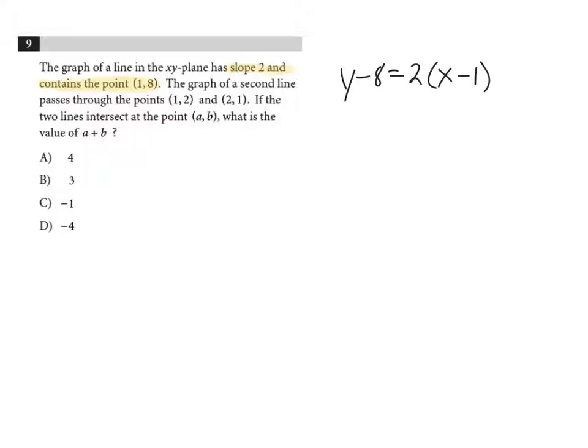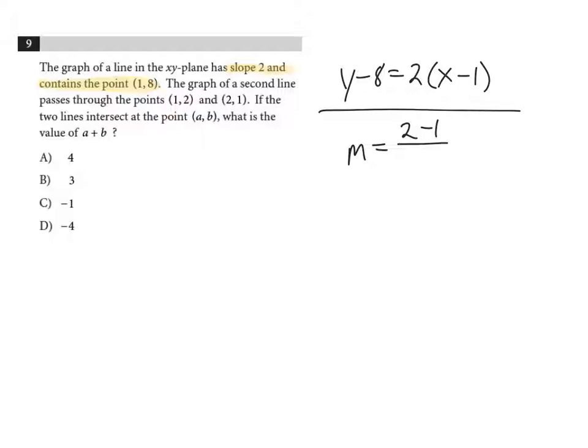Okay, and the second line has these 2 points. Well, the first thing I need to do for the second line is to find the slope. So the slope for the second line is going to be 2 minus 1 over 1 minus 1.